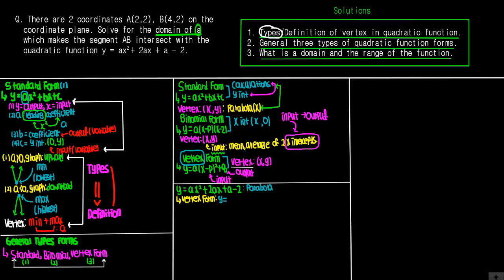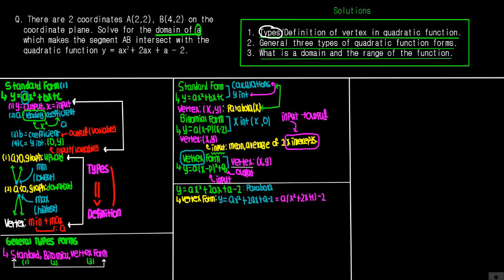This becomes y equals a times x squared plus 2x plus 1, minus 2.